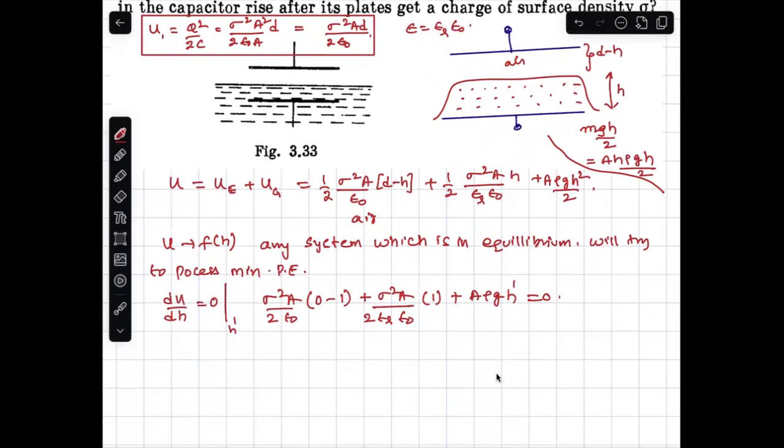So now I rewrite this properly as h dash is equal to, by the way, you cancel A everywhere, sigma square by 2 rho g epsilon naught. If you take common, you will get 1 minus 1 by epsilon r, right? At this h dash, potential energy is minimum.